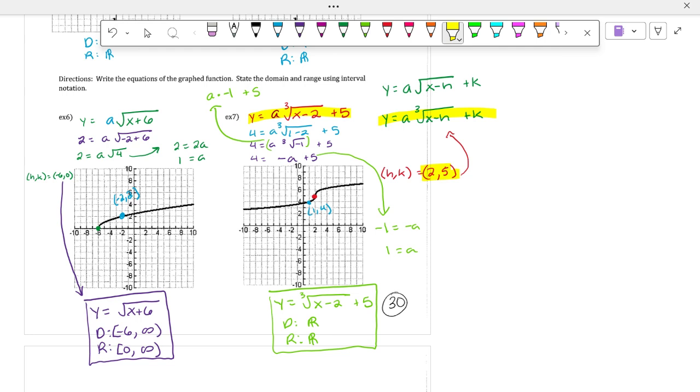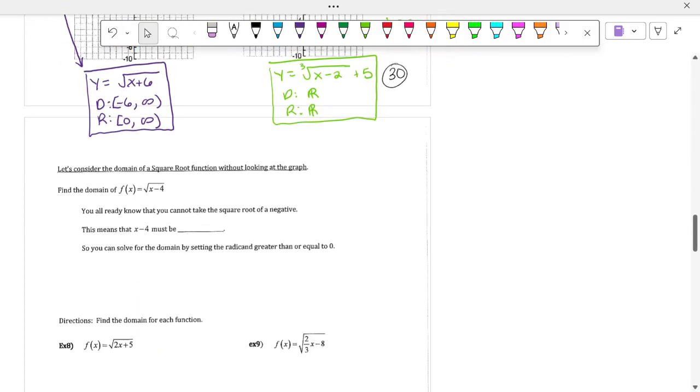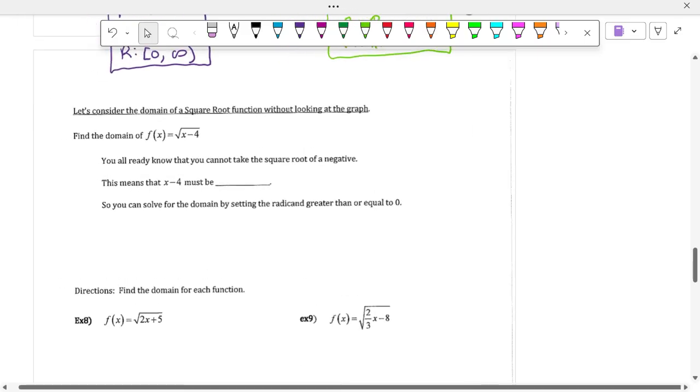Because remember, the vertex is (h, k), so if you plug it in verbatim for h and k, you get the general form at the very least. You just need the a value. So it's like when we did vertex form with quadratics. Does that answer the question? All right. Okay. We'll still do some more practice with it.